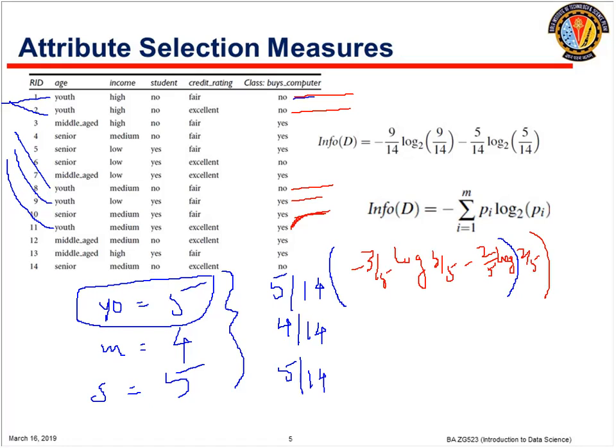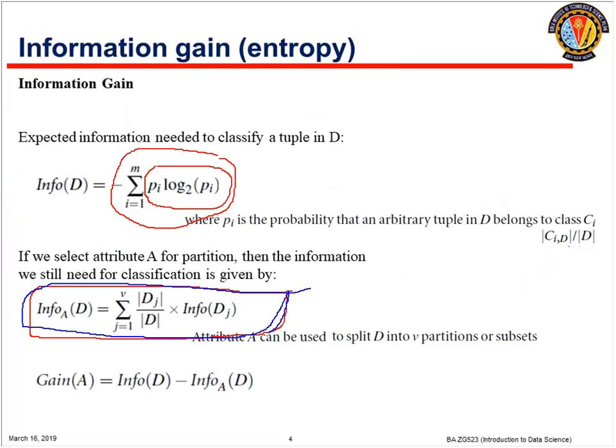This you multiply by 5 by 14. Similarly, the probability for middle age was 4 by 14, so you multiply this by the entropy when the middle-aged examples were selected. You are applying the formula given here, that is Dj by D. Dj is how many examples belong to that particular value in the data set you have at the moment.